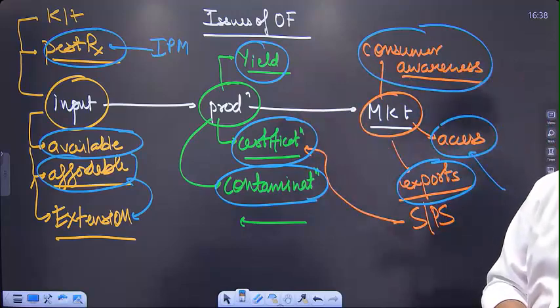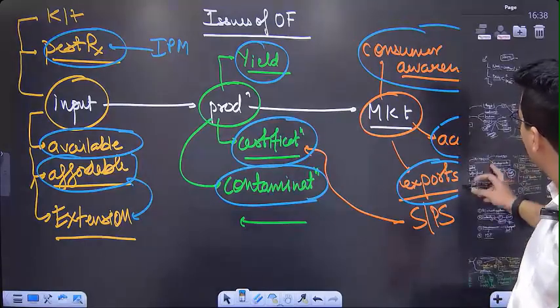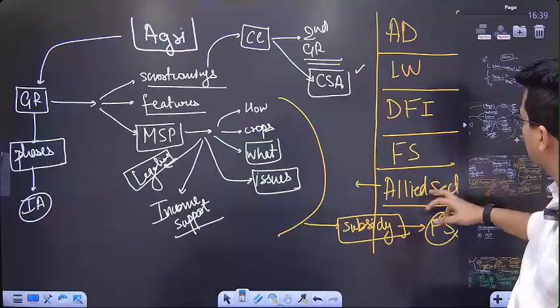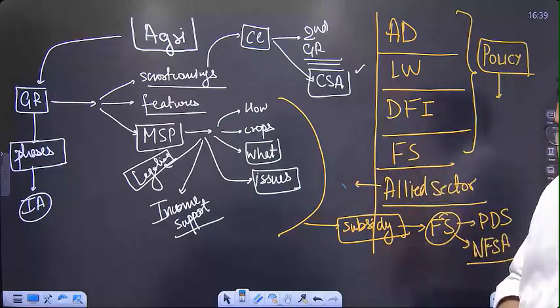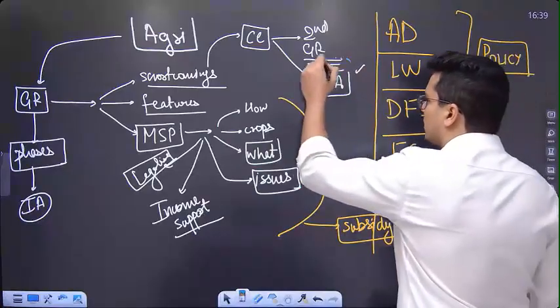Okay. Now I'm going to teach you something. We started with the idea of the green revolution in India. When we started with the green revolution in India, we understood that we have to read about climate smart agriculture.